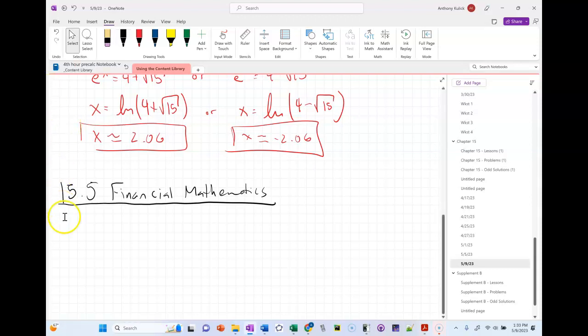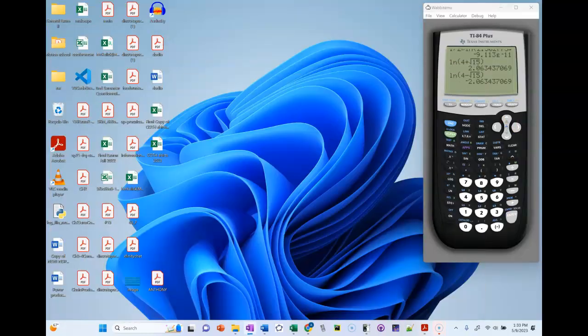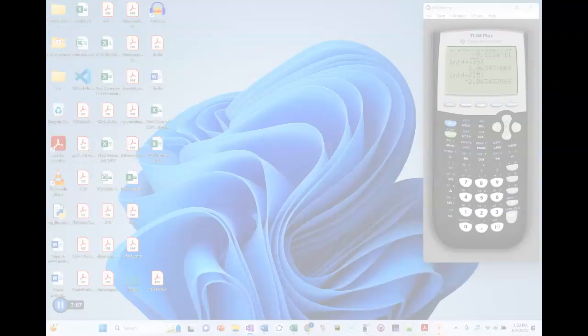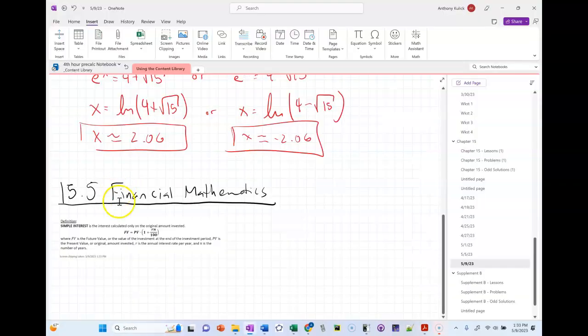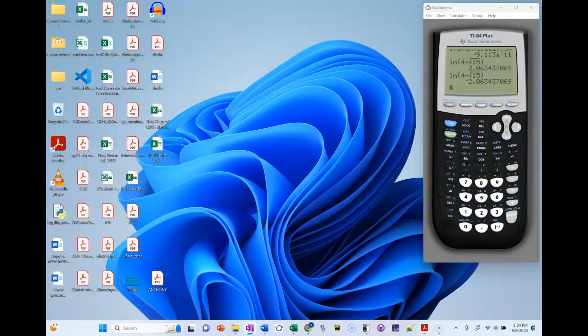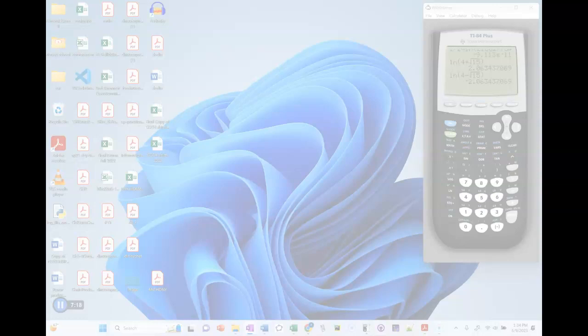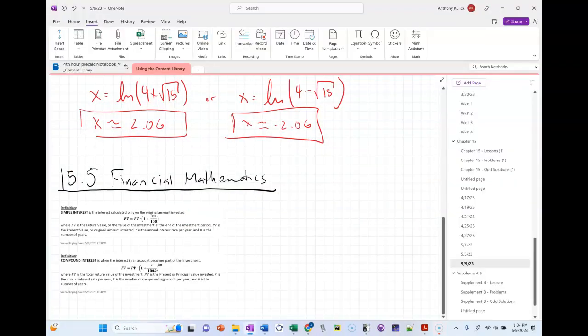Today we'll talk about 3 different models for kinds of problems that we can use. So we're going to talk about simple interest, compound interest, and then continuously compounding interest.